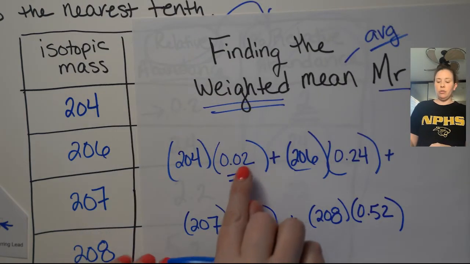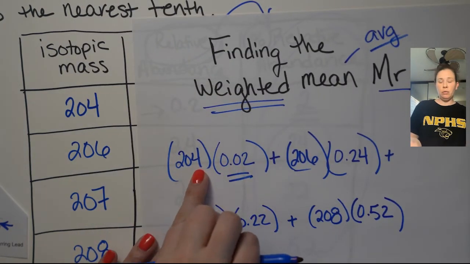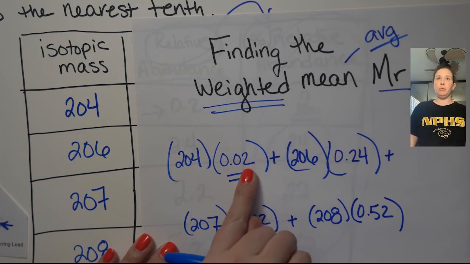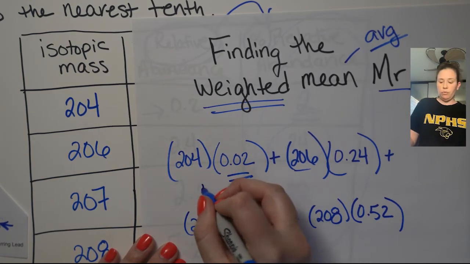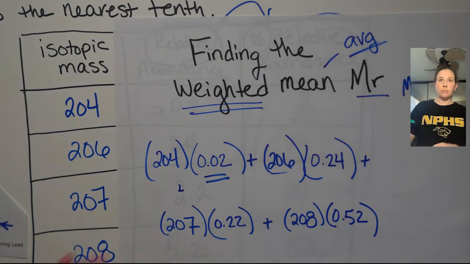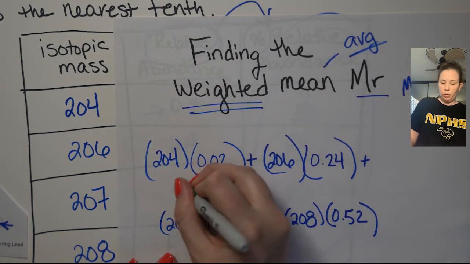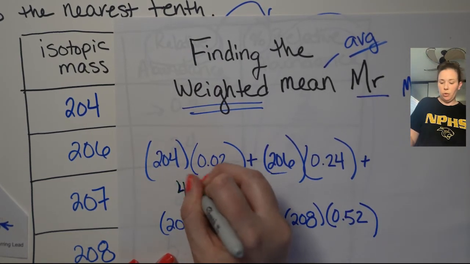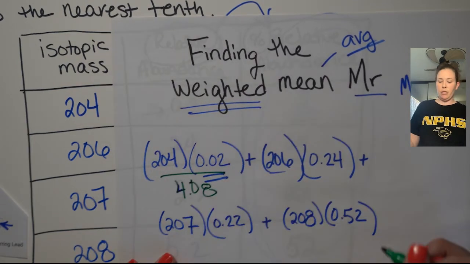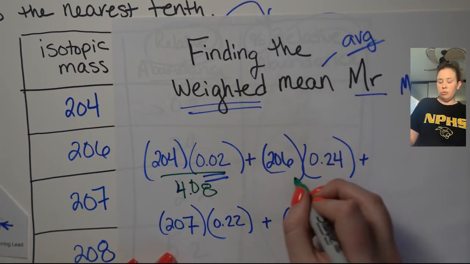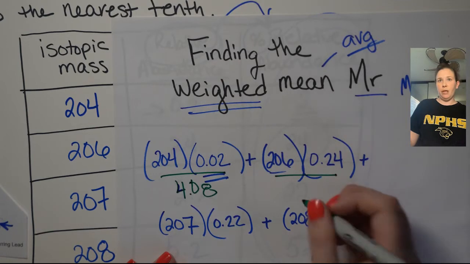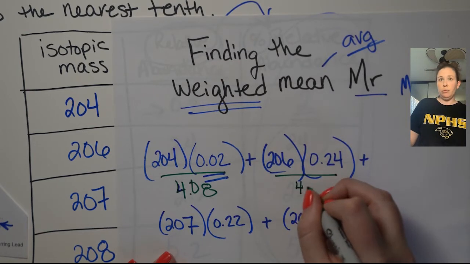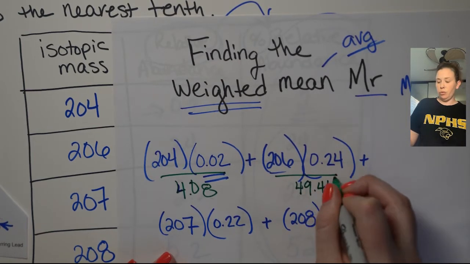So when I find 2% of 204 by typing in 204 times the 0.02, you get 4.08 for that section. For 206, finding 24% of that is going to give you 49.44.